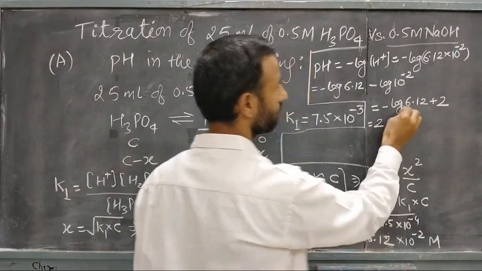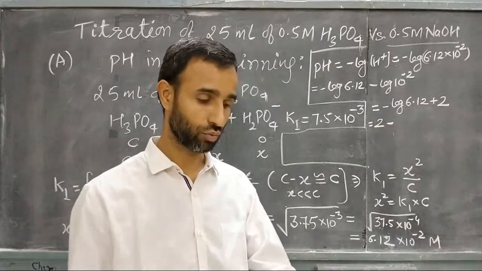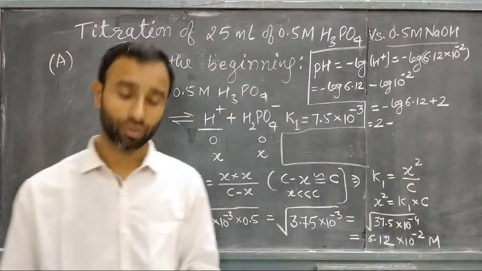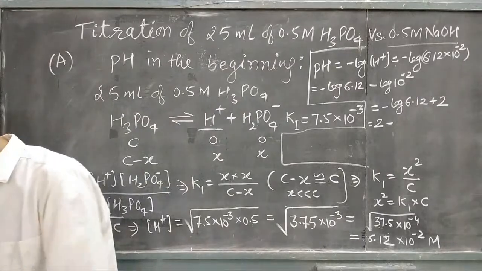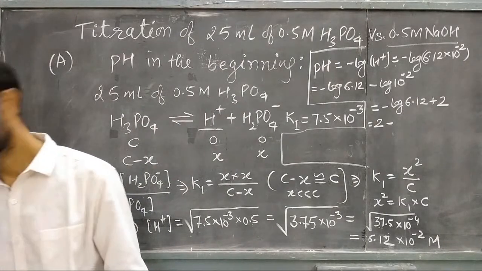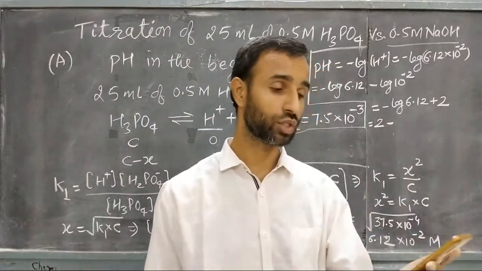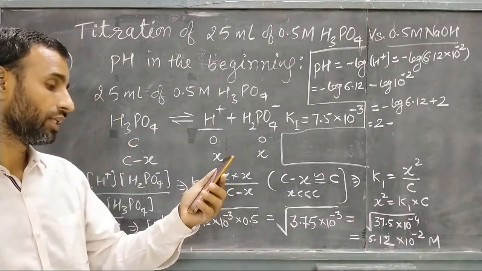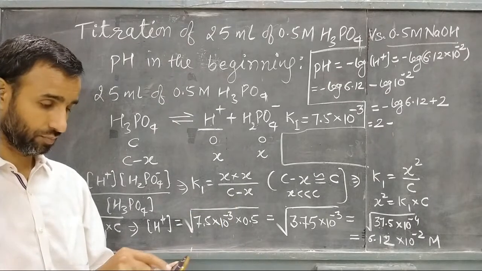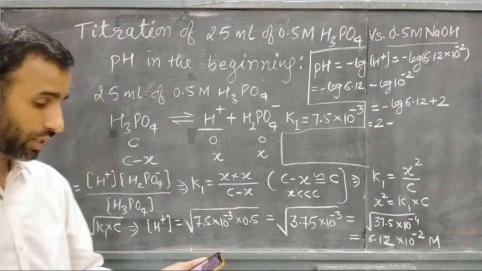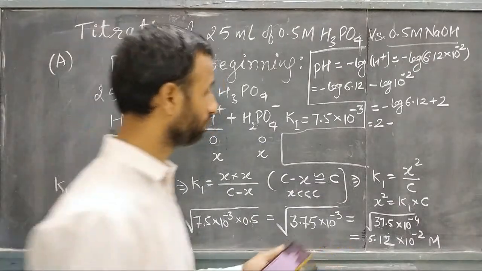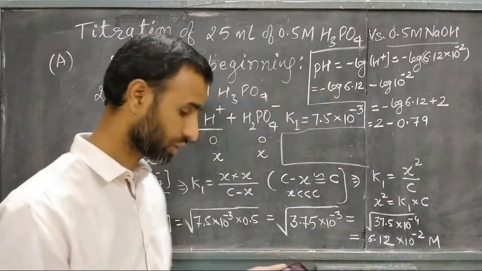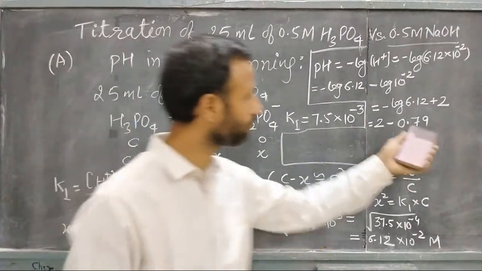What is the value of log of 6.12? It is 0.7867, roundabout 0.79.